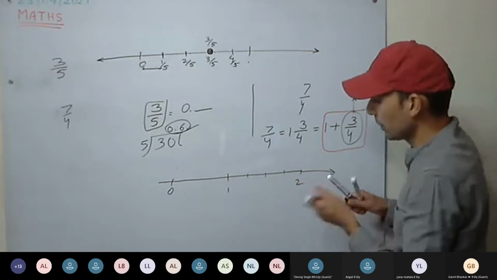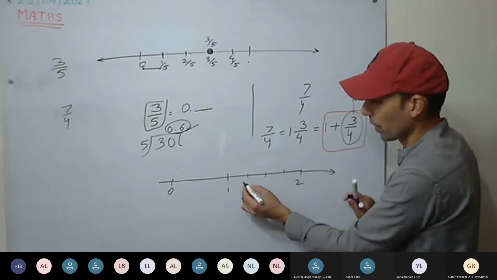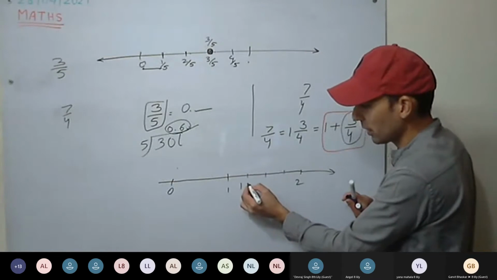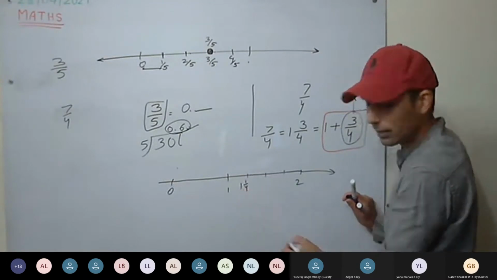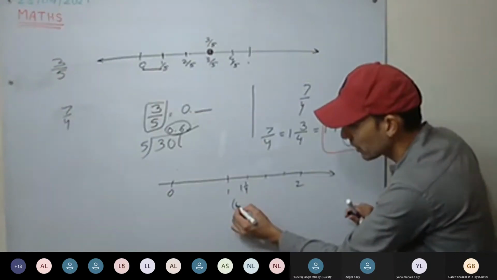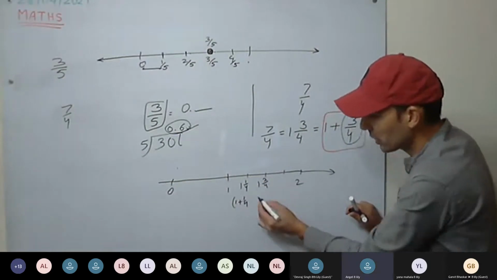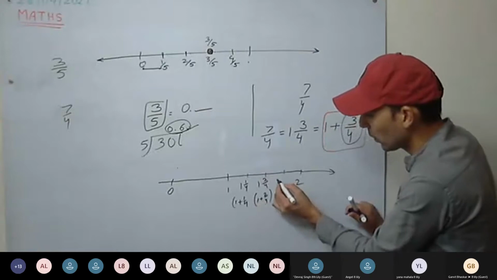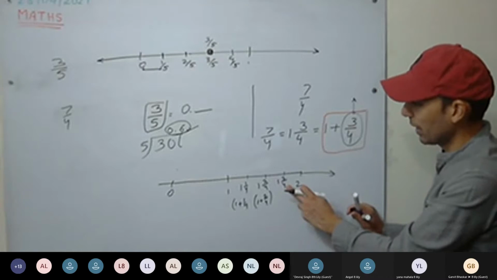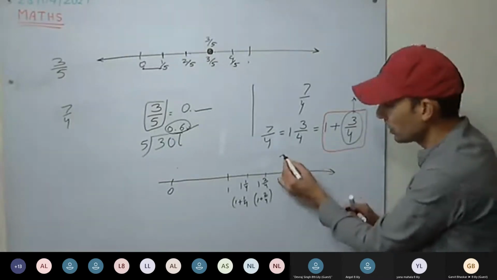So it will be 1 plus 1 by 4, then 1 plus 2 by 4, then 1 plus 3 by 4. And this 1 and 3 by 4 is how much? 7 upon 4.